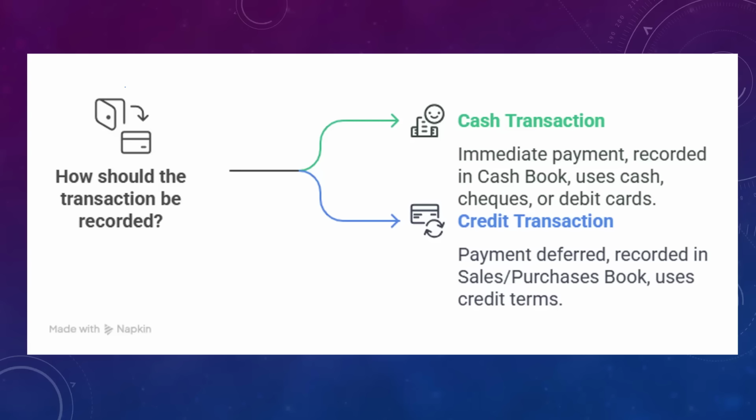Cash transactions would usually be in a cash book. Credit transactions, you'll probably look for it in the sales book or purchases book.